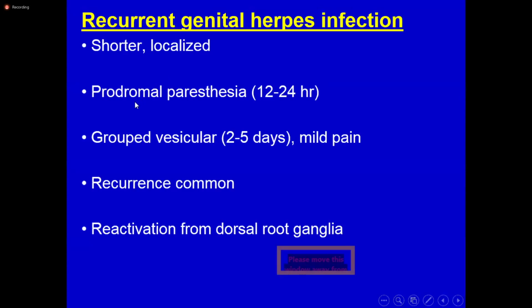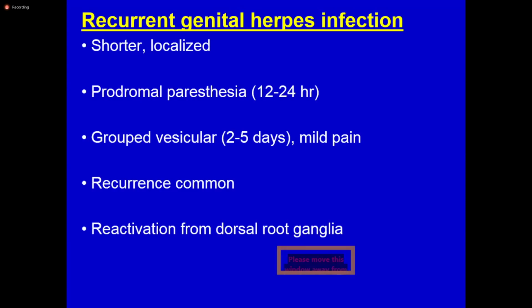It is associated with prodromal paresthesia. Meaning the patient feels numbness in the area 12 to 24 hours before the lesions appear. Even patients know that they will have a recurrence because of this paresthesia.